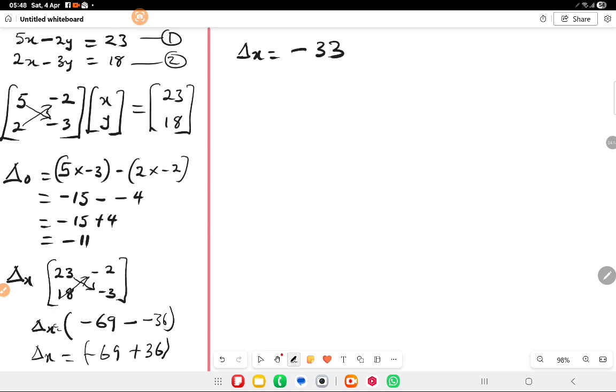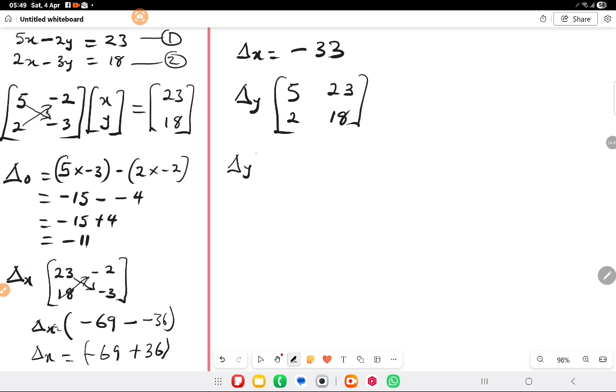Then we move to the final one, which is determinant y. We go to the original matrix, 5, 2, and replace the column of y by the constants, 23 and 18.